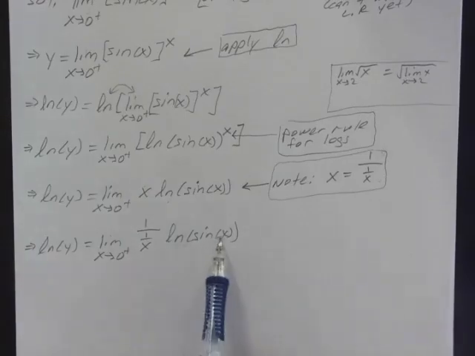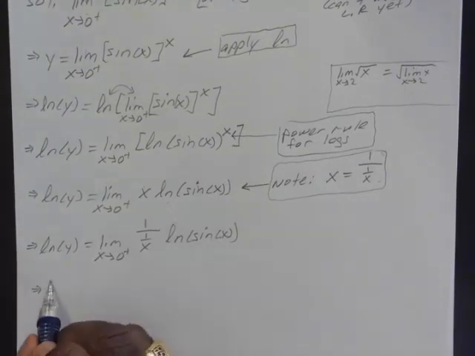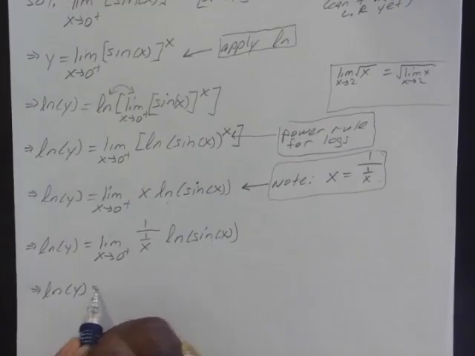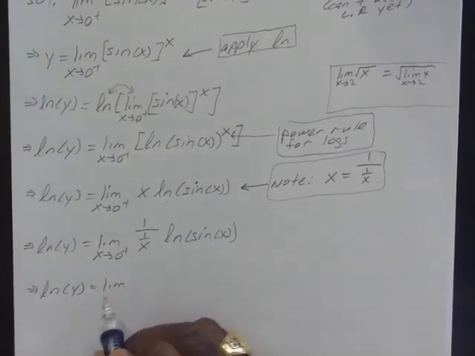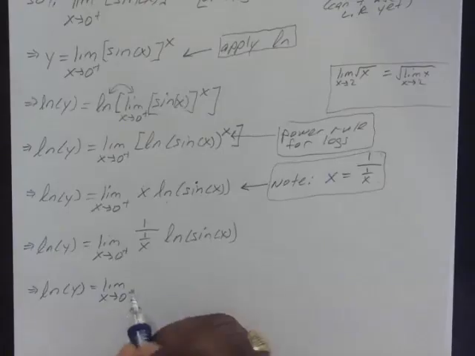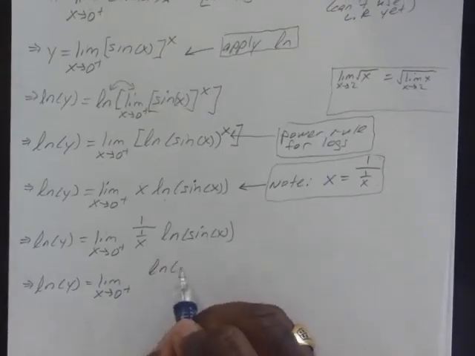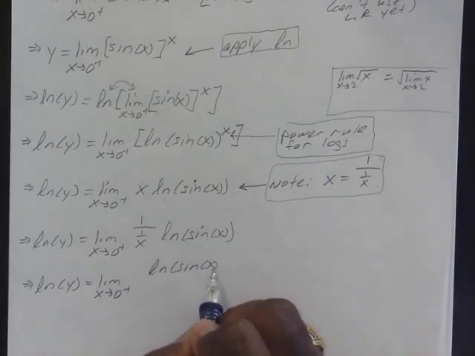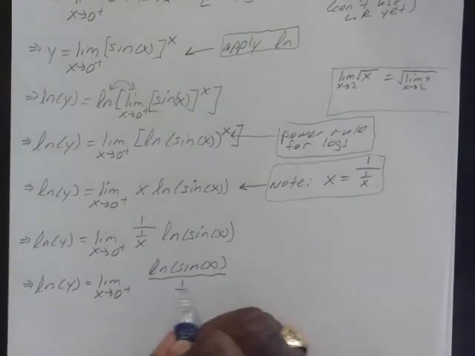We can just take this natural log and we can move it right up to the numerator. So you have the natural log of y is equal to the limit as x approaches 0 from the right of the natural log of sine of x divided by 1 over x.